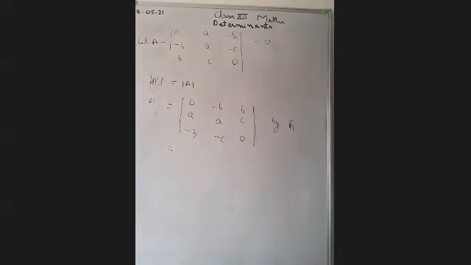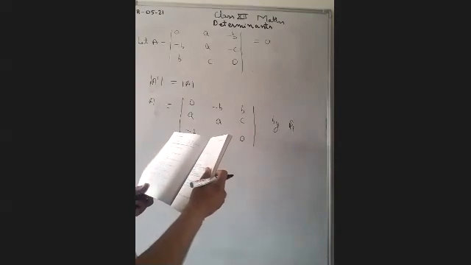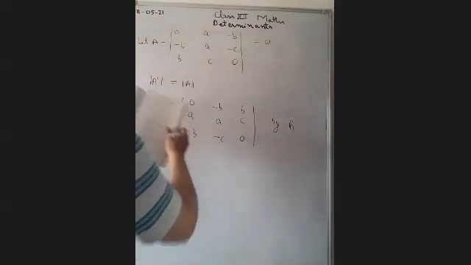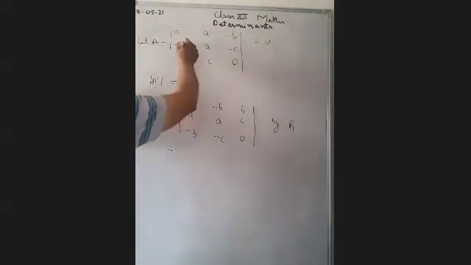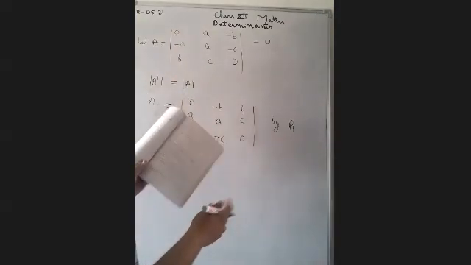I think I have written something wrong. It should be 0, A, minus B, minus A, sorry, this is minus A; minus A, 0, minus C; B, C, 0.